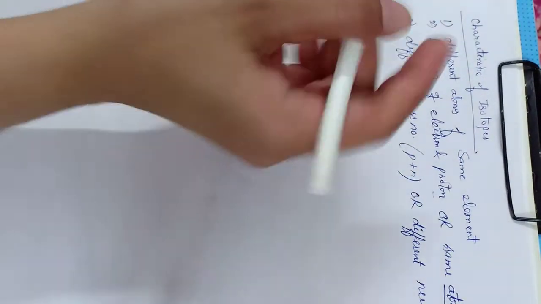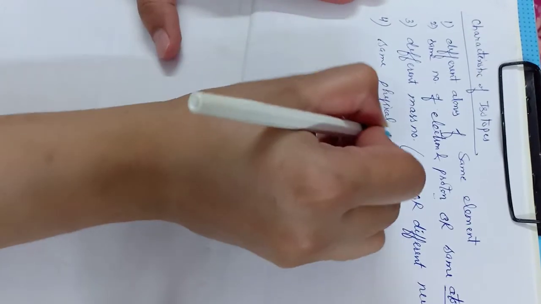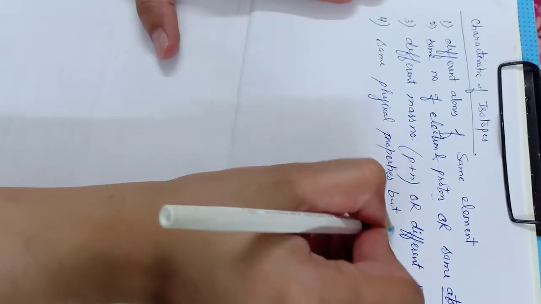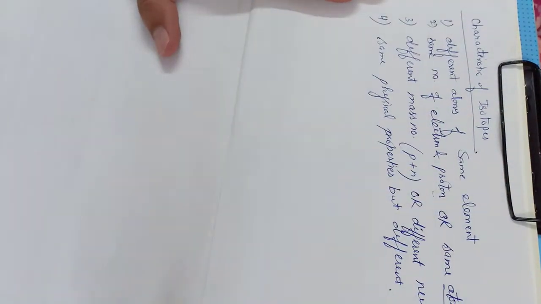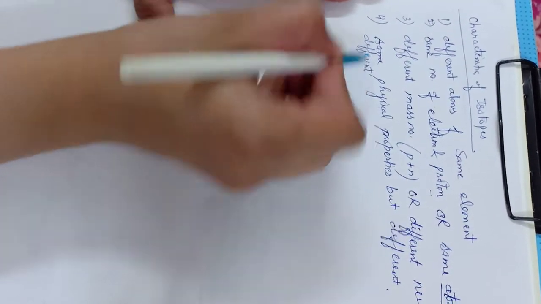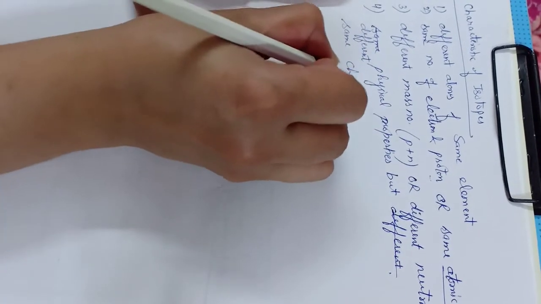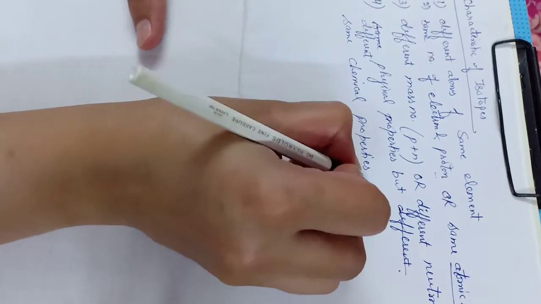Next property: if they have the same atomic number, then obviously they have the same chemical properties, but different physical properties.